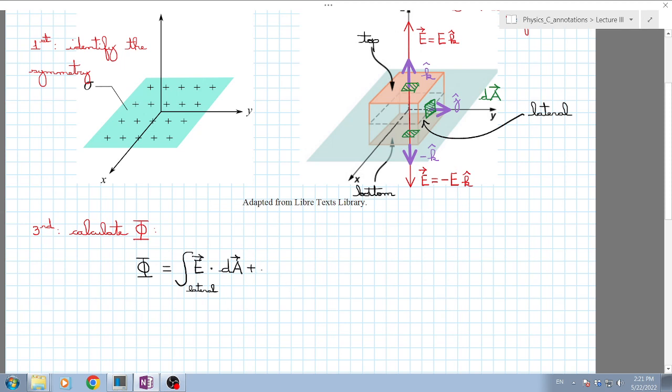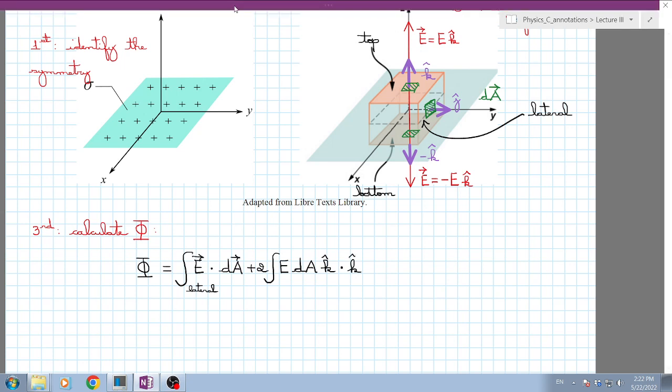So that means we're going to have here twice the integral here.